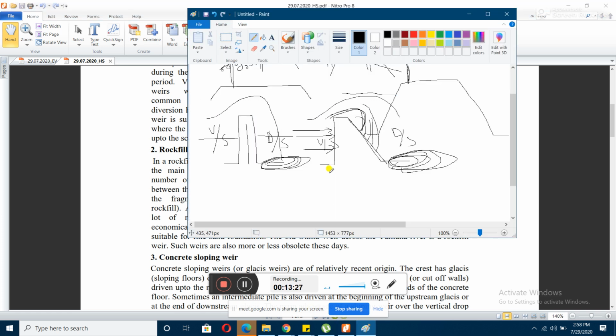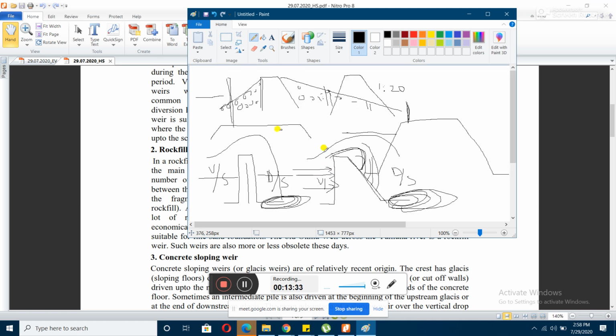What happens in a concrete weir? Why is a concrete weir first being adopted? Let us first concentrate on that. Suppose the rock fill materials are not available to us, in a site where we are constructing the diversion headwork. There may not be abundant rock fill materials available at the site.